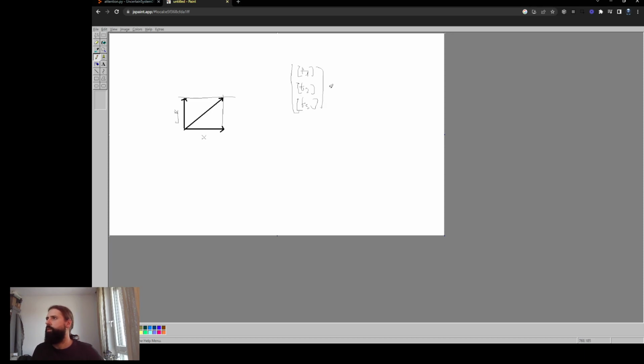If I do the dot product with the transpose, it would then be T1, T2, T3. So the result is a matrix where we're doing this times this, plus this times this, plus this times this.